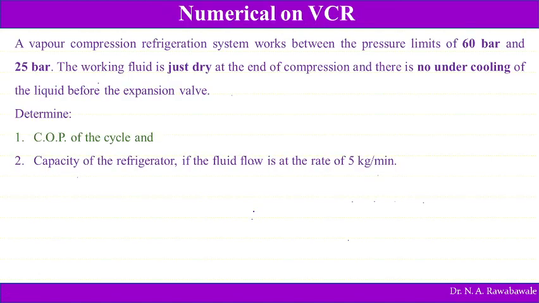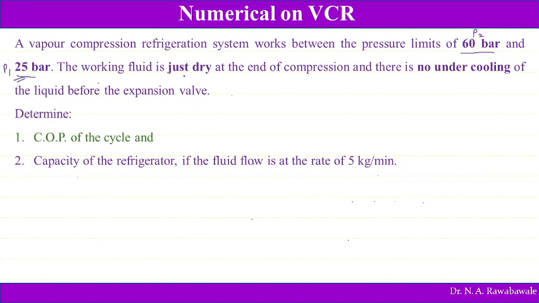So now we'll see one numerical problem on vapor compression refrigeration system. In this problem, what is given? A vapor compression refrigeration system works between the pressure limits of 60 bar and 25 bar. So lower pressure P1 is 25 bar and higher pressure P2 is 60 bar.